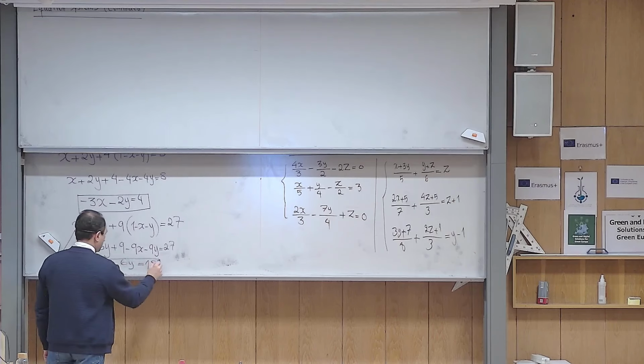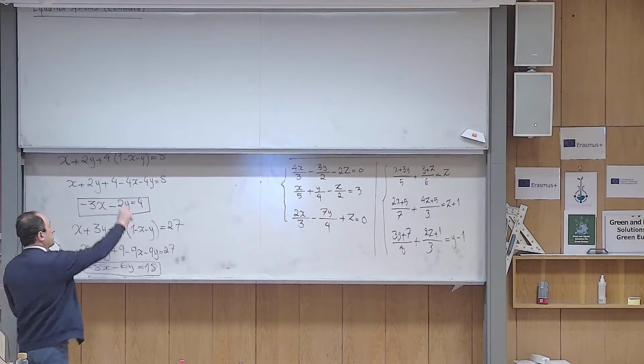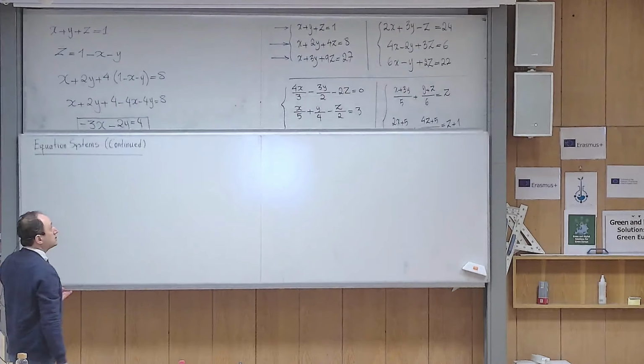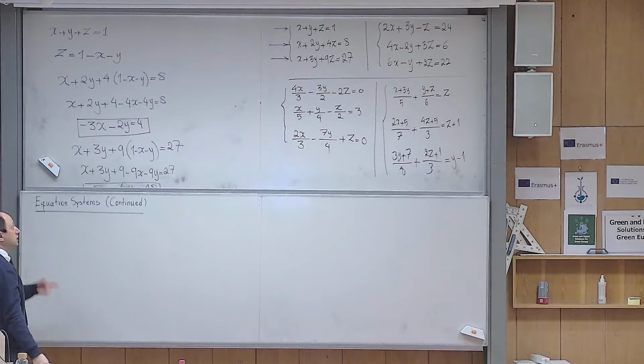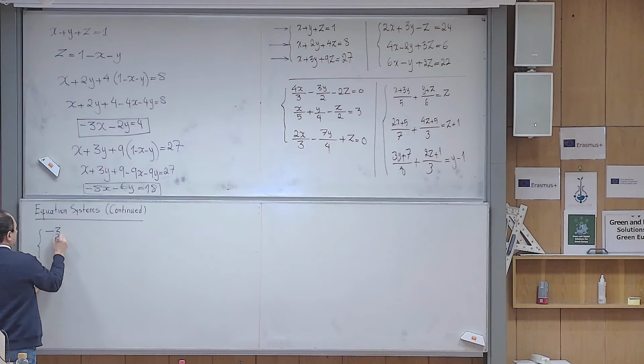This is the second equation that I will need. Okay, so what I will do now, my system of 3 equations in 3 unknowns is reduced to a new system, but only 2 equations and 2 unknowns. That equation in the box, I write it here.